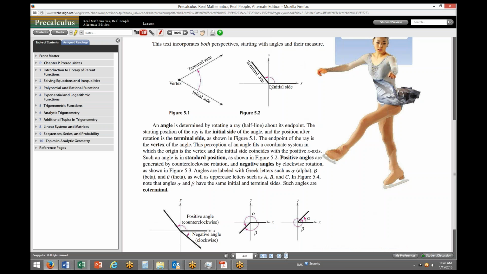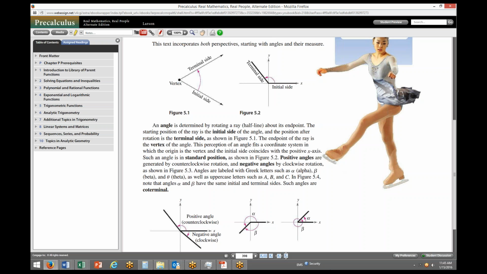As we're saying here, starting with the initial side, if we swing around counterclockwise, as we're doing here to create this angle with this terminal side, anytime you go around counterclockwise like this, starting by going up through quadrant 1, then perhaps on through quadrant 2, quadrant 3, quadrant 4, in that order, then we arrive at an angle that is said to have positive measure.